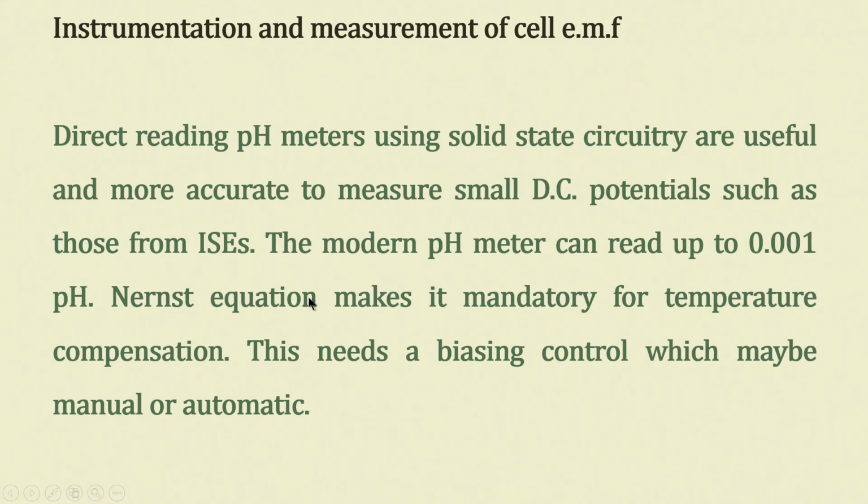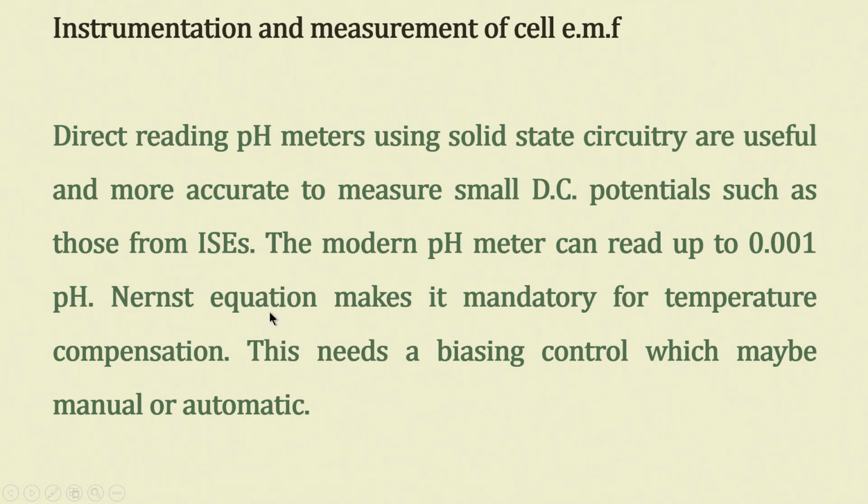That is fantastic. Nernst equation makes it mandatory for temperature compensation, because if your accuracy required is 0.001 pH, obviously it will be a function of temperature. The Nernst equation, RT by NF, RT by NF ln H plus.